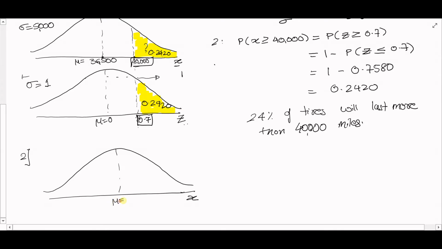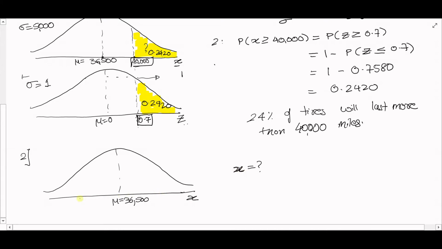here we are interested to figure out some x. Remember, x is the number of miles, and we want to figure out x, right?